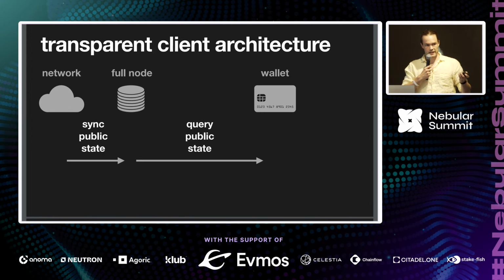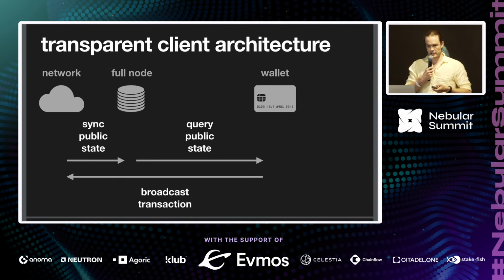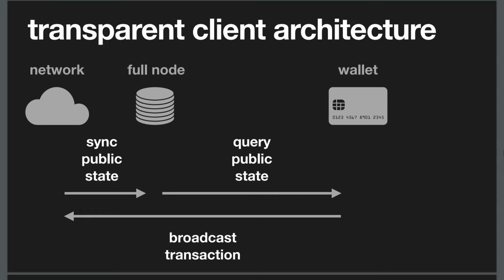I learn about what my account state is by asking this full node, and then I can make a description of some action that I want to do, encode that into a transaction, and broadcast that off to the network.